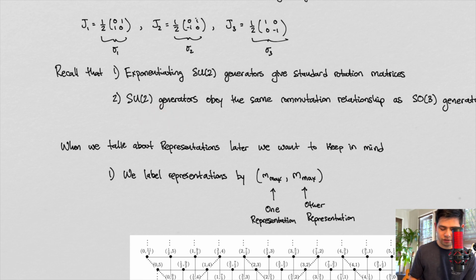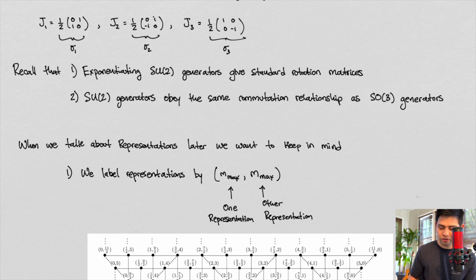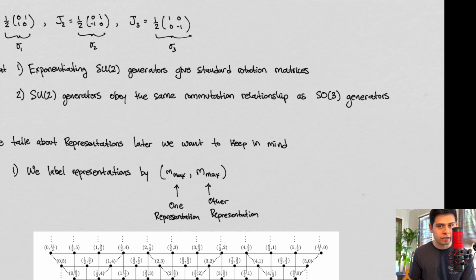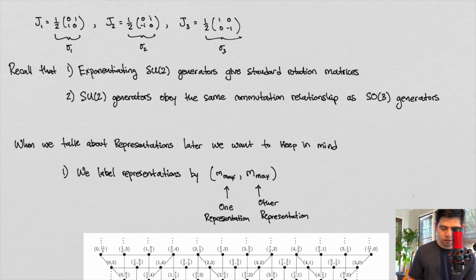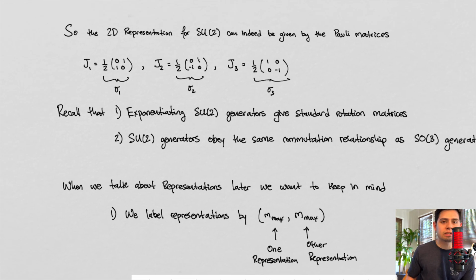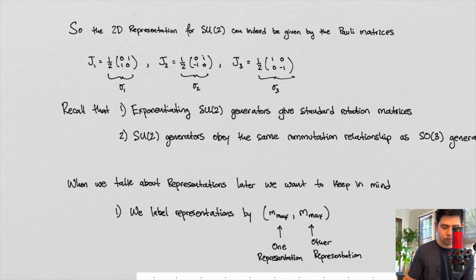And our SU2 generators obey the same commutation relationship as our SO3 generators. So we're starting to see some connections here, right? The connections we're seeing is that, okay, we have a 2D representation of an SU2 group, and that 2D representation is our Pauli matrices. And if we exponentiate this 2D representation, we get standard rotation matrices. And all of this is sort of connected via the Lie algebra.